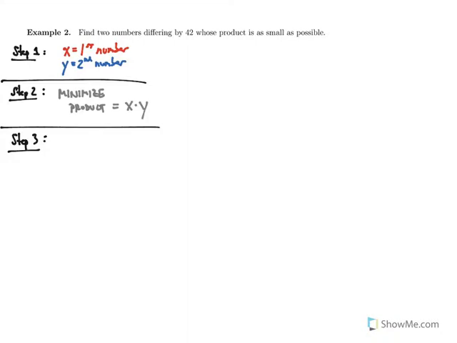Well, I have that these numbers have to be differing by 42. Without that, this question is not very interesting. So let's have x be the larger number, y the smaller number. So here I'm going to have x minus y equal to 42.